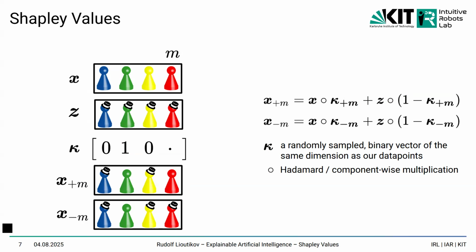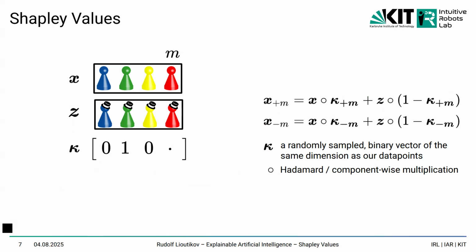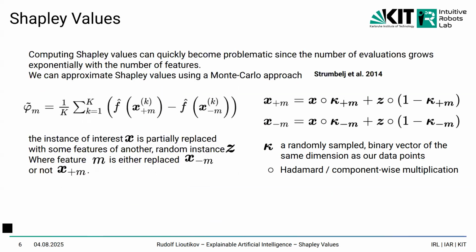Then in the last position we again have a 0 mask, so the z value again, and then one version with m and once without, because m is the feature of interest. Make sense? Okay. So this is all that this says. Then we evaluate the newly generated sample with m and the one without m.